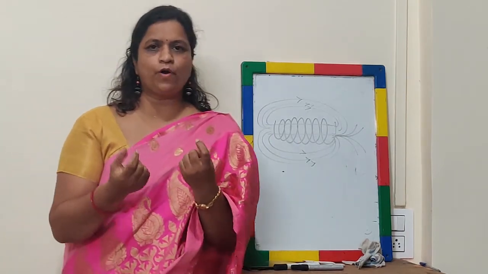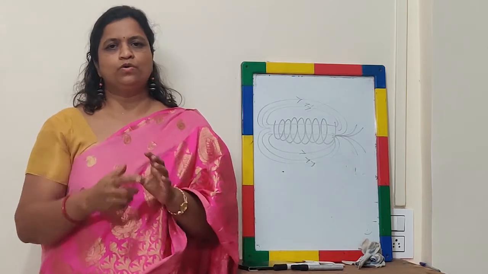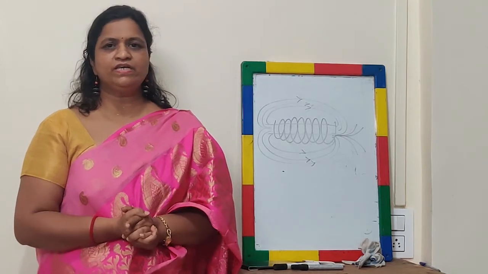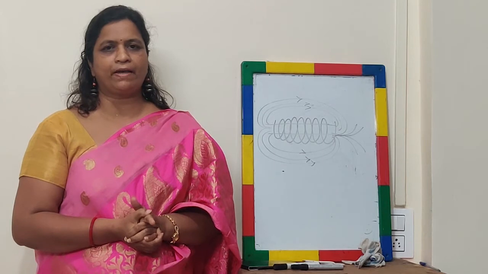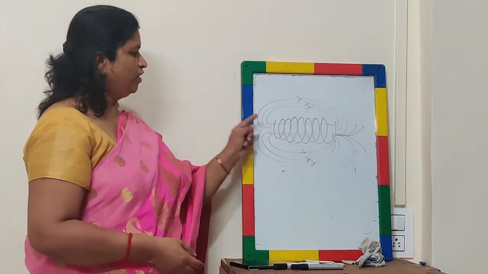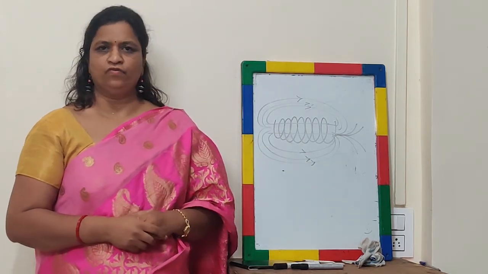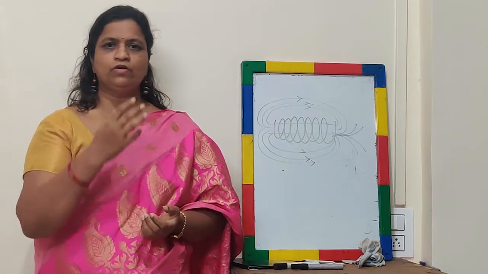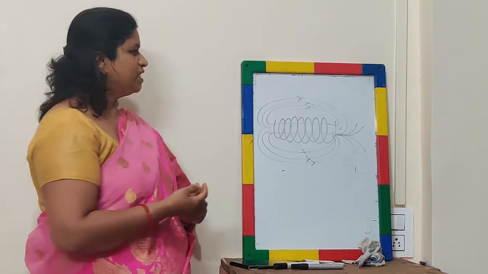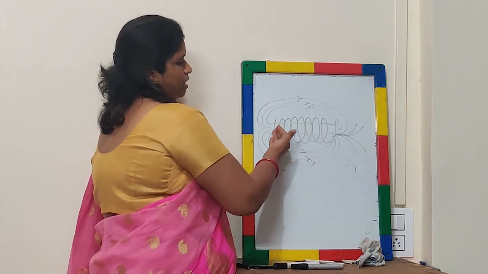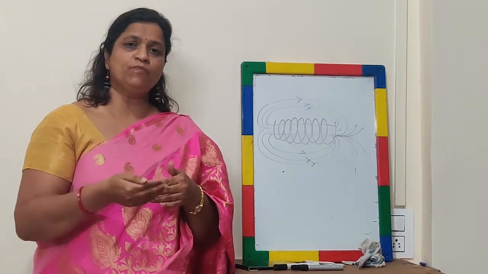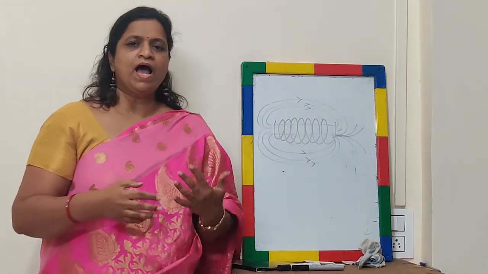If we keep an iron rod at the center of the solenoid, that iron rod gets magnetized very easily and acts exactly like a bar magnet, so the magnetic force will increase. Also, if we increase the current, the magnetic force will increase, as we already discussed. And if we increase the number of turns, say 20 turns instead of 10, more turns mean more magnetic field lines at the center, and that much more magnetic force.